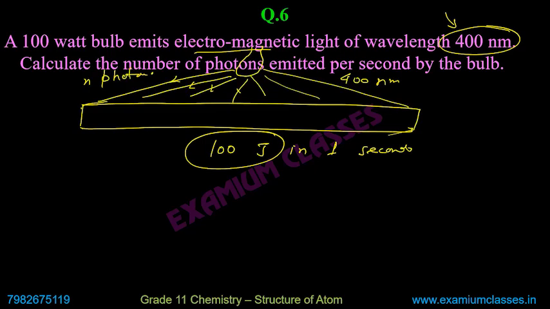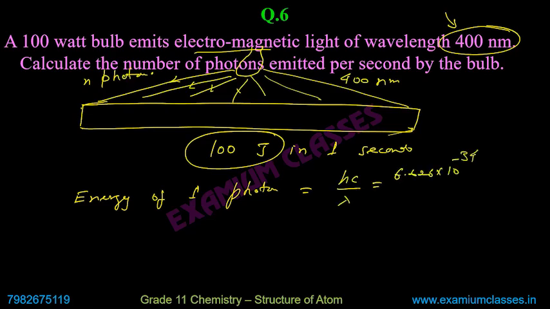Now on the basis of the wavelength of this radiation, you can calculate the energy of 1 photon. So energy of 1 photon in this radiation will be hc by lambda, with lambda equal to 400 into 10 to the power minus 9.